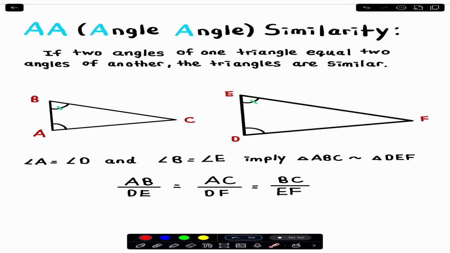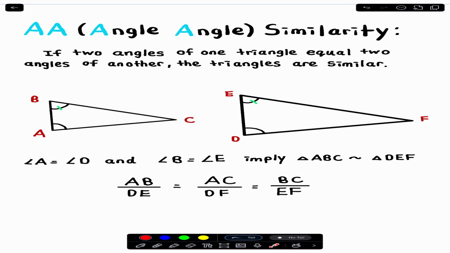Notice that we're lining this up properly. Angle A is equal to angle D, therefore we write it first. Angle B is equal to angle E, therefore we write it next. And automatically what's left is C and F.